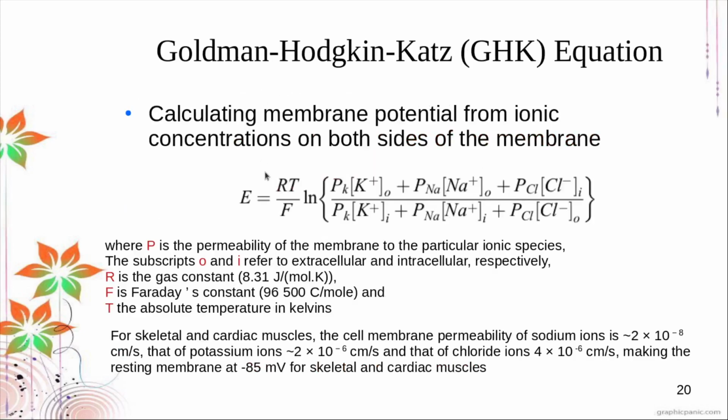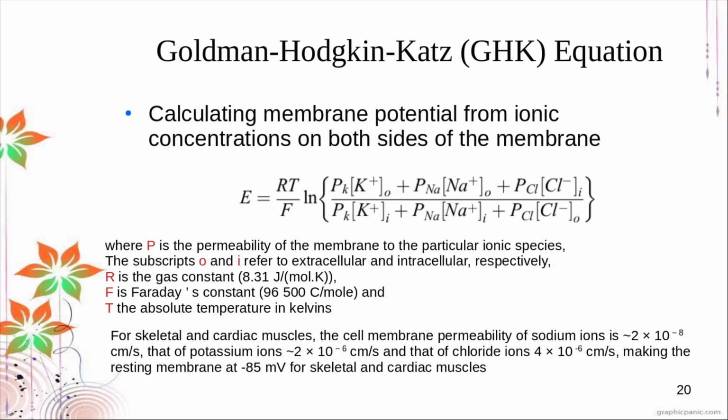So using the ionic concentrations, how will we relate the current, the voltage, the membrane potentials? Here is the Goldman-Hodgkin-Katz equation, which is used to calculate the membrane potential from the data of the concentrations of the ions inside and outside the cell.